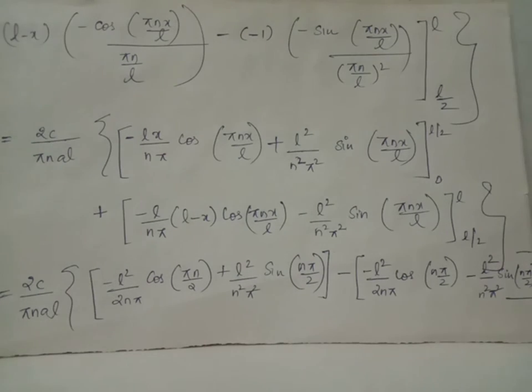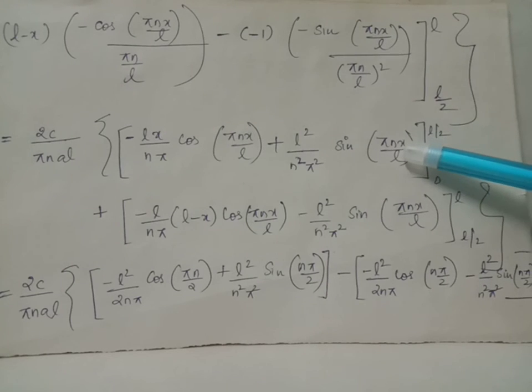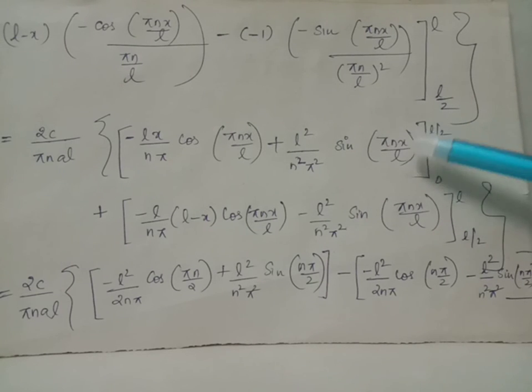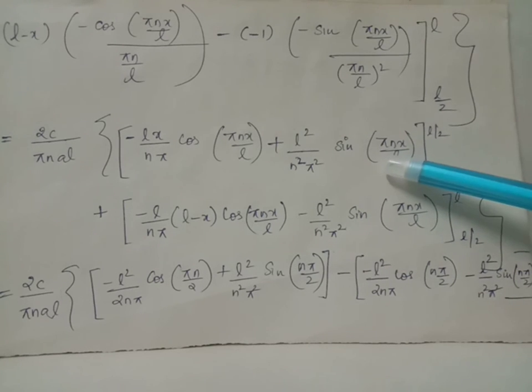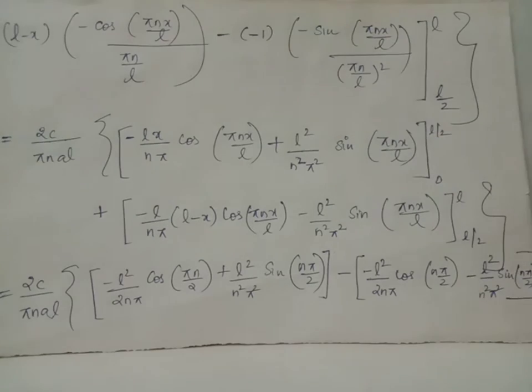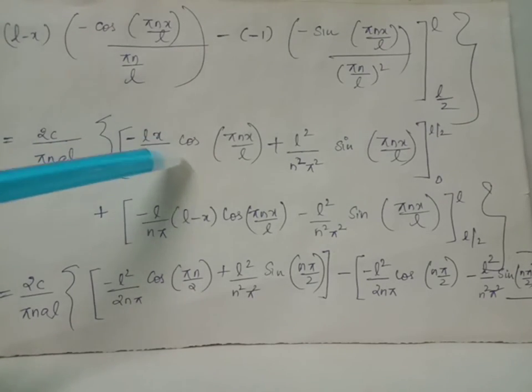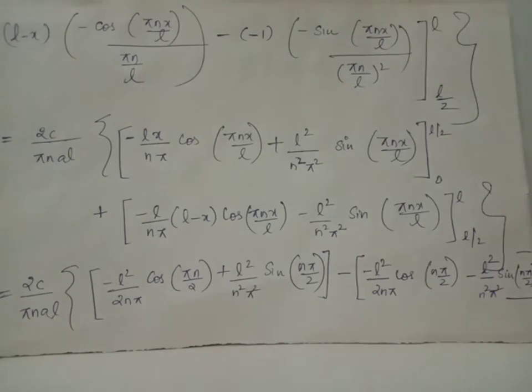You are giving upper limit x equals L by 2 only here, and this complete term pi nx by L becomes n pi by 2. When you give lower limit x equals 0 here, it becomes sin 0, which is 0. When you give x equals 0 here, again this term also becomes 0. Therefore, lower limit is giving us only 0.